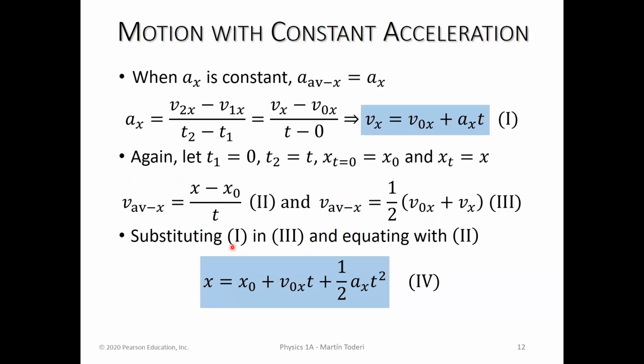And when we substitute 1 into 3 and equate with 2, we get to this expression down here. This is the function of the position over time. It has the initial position plus the initial velocity times t plus 1/2 of the acceleration multiplied by t squared, right?